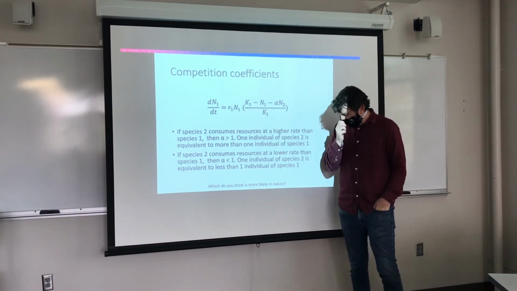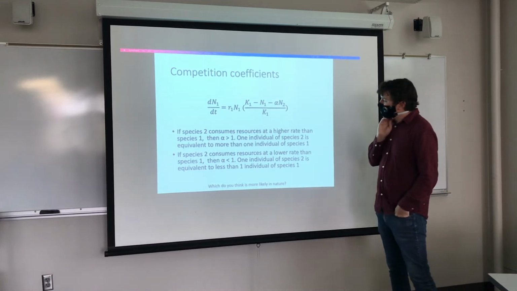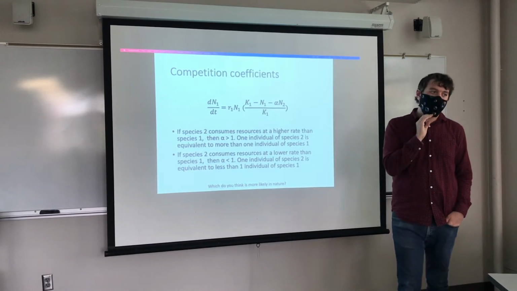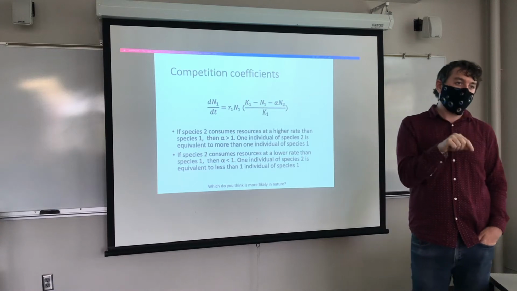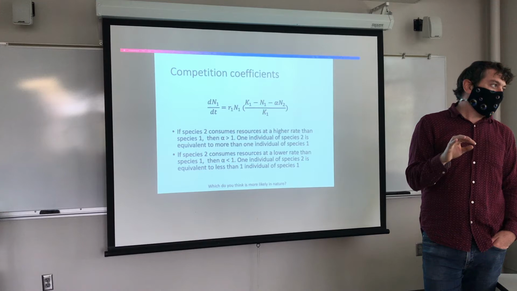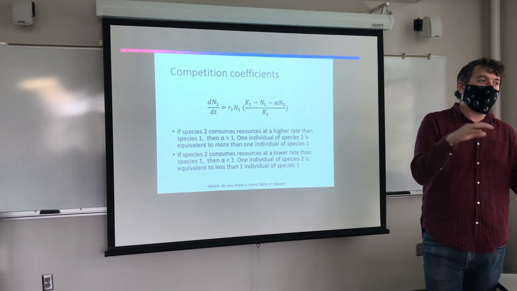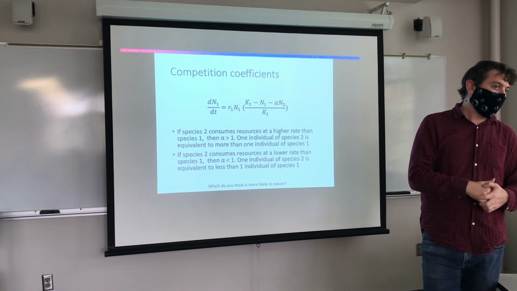Which do you think is more likely in nature? Do you think that one species is going to be consistently better at accessing the resources that another species needs all the time? Or do you think that species tend to have some shared needs, but not all shared needs?